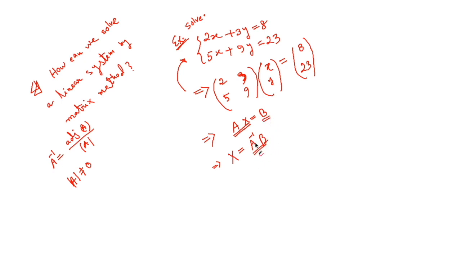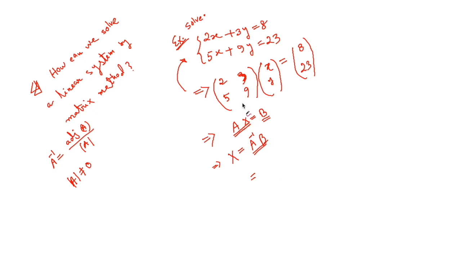You see, A inverse is on the left of B, since A was on the left of X. This is important to note. So the solution we will obtain when we calculate A inverse and multiply it by B.